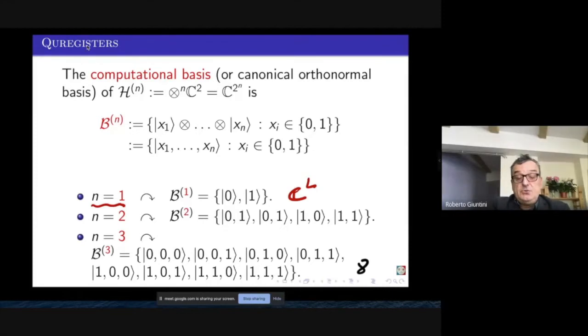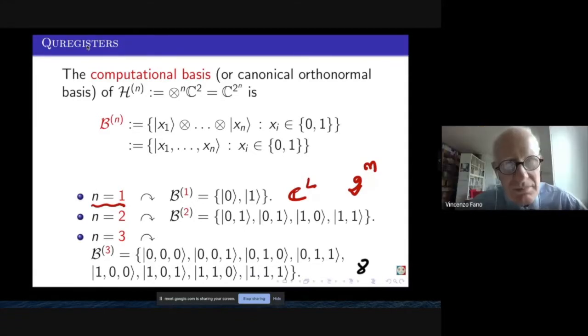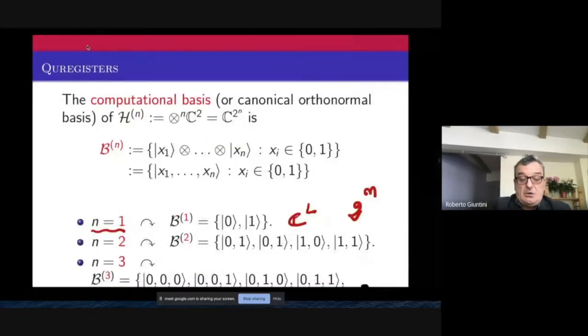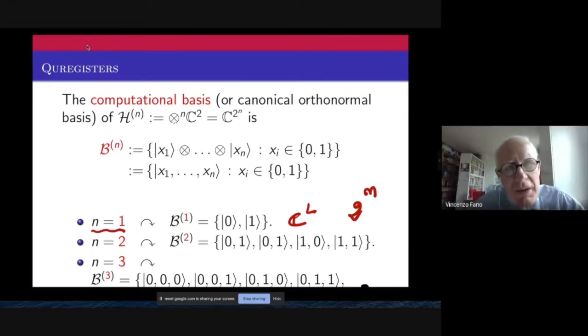If you have n=2, then you have four possibilities in parallel, and so on. So you have 2 to the n possibilities, and in the case of our huge numbers, you have 2 to the 53 possibilities of stocking exact information in parallel. That is classical registers.